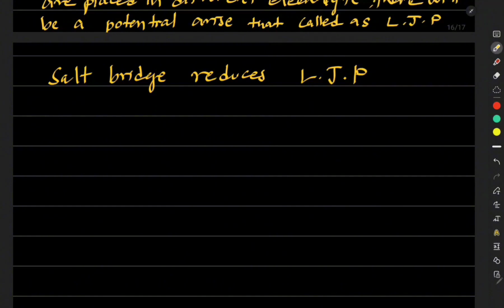Let's write and look at the other points. Rules of cell notation.